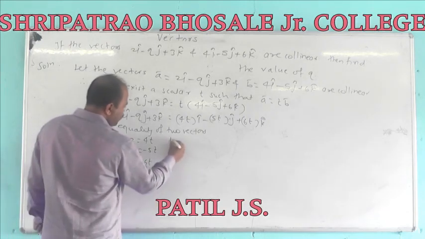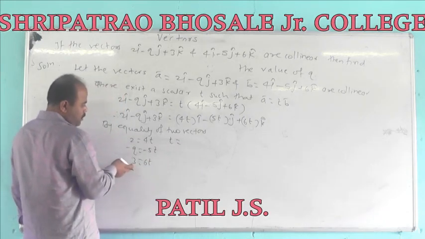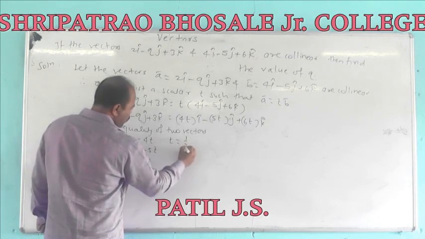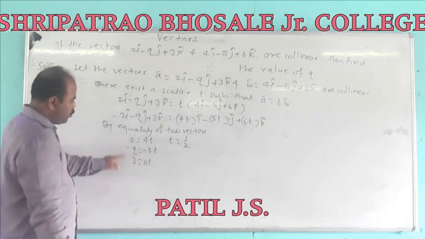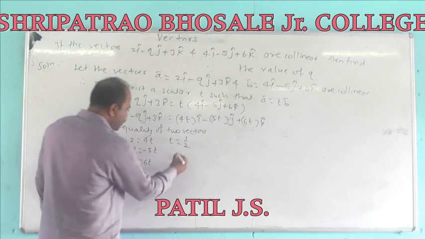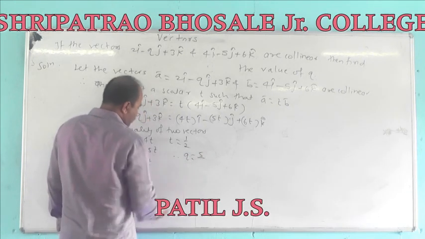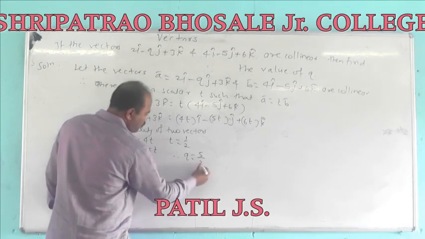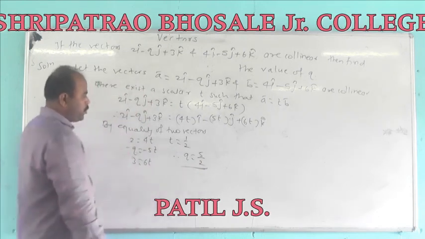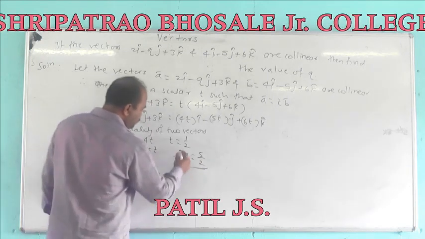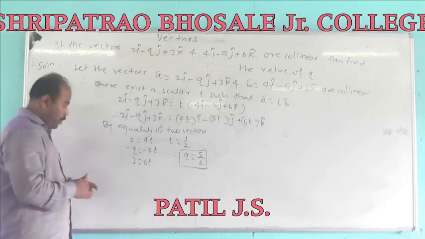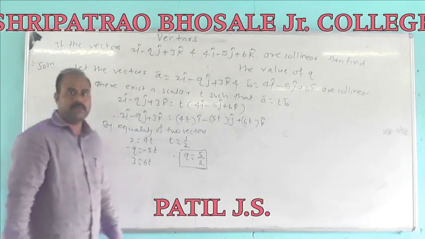That means from the first and third we get t is equal to 1 by 2. Therefore q is equal to 5 into t, that is 1 upon 2, hence q is equal to 5 by 2.